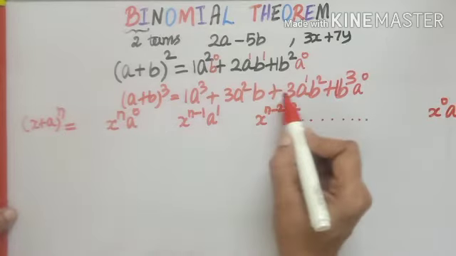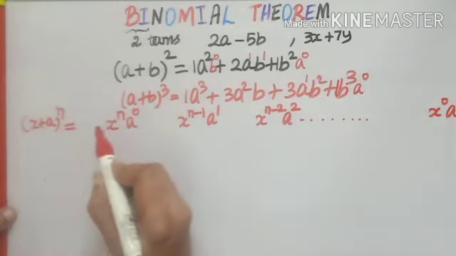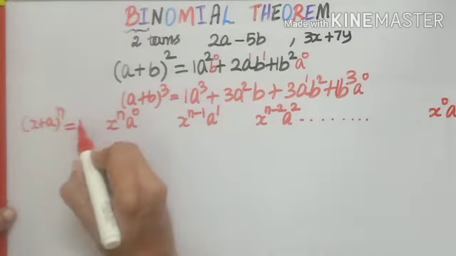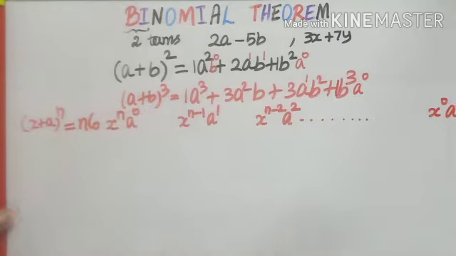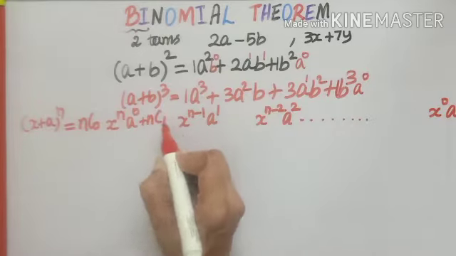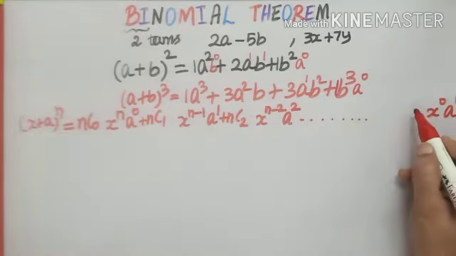We have these numbers. What are these numbers? The numbers are called binomial coefficients. I will write nC0. Pascal's triangle is based on combination. Second term nC1. Third term nC2 and so on. Finally it is nCn.